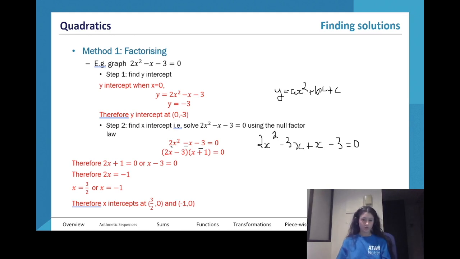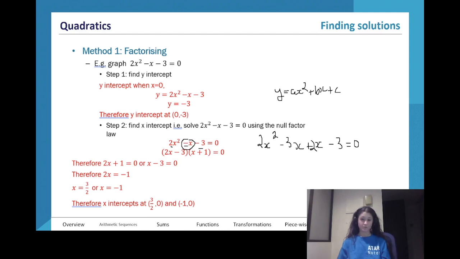Remember, once you've found your two numbers, ours were -3 and 2, what we want to do is substitute those two numbers in place of our middle term, and add x to them.